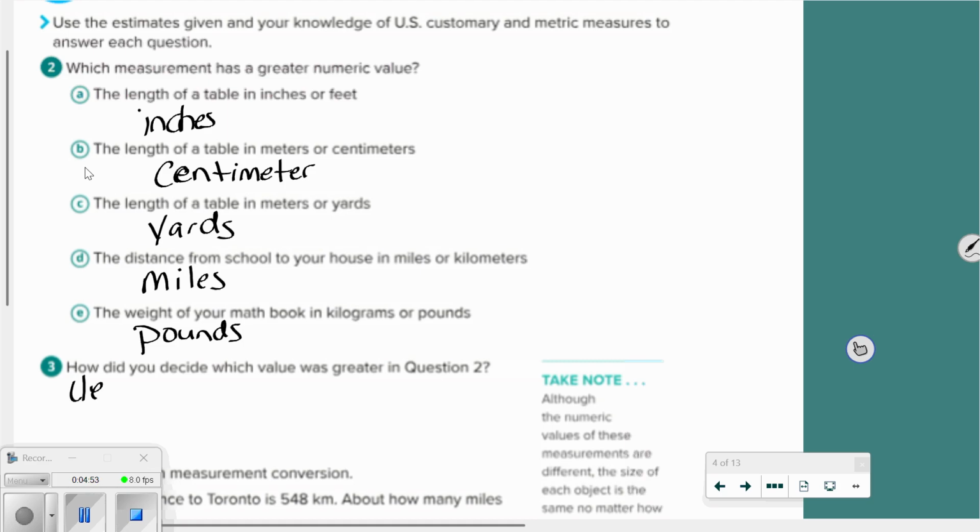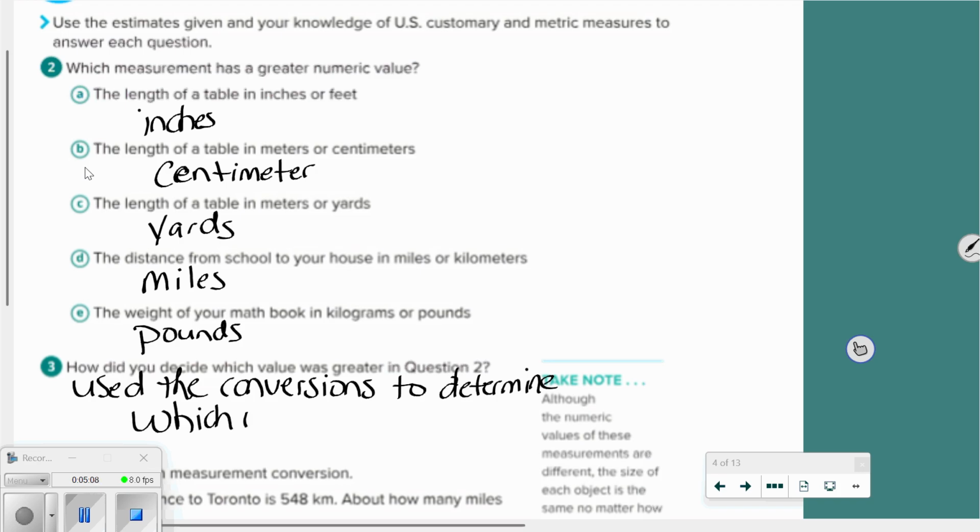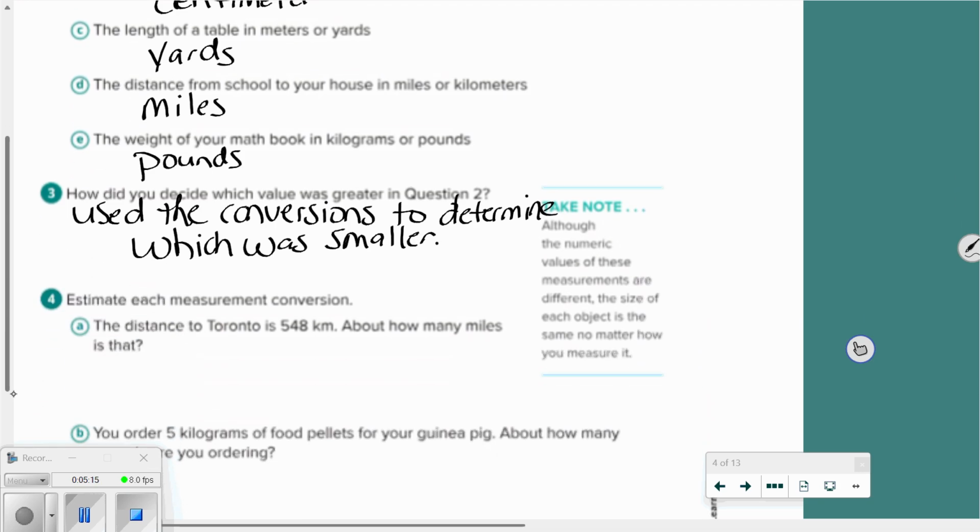Yes? Why did we try to determine which one was smaller? What did that do for us? Gives us a good ratio. The smaller it is, the more we will need to cover the same amount of space, yes?